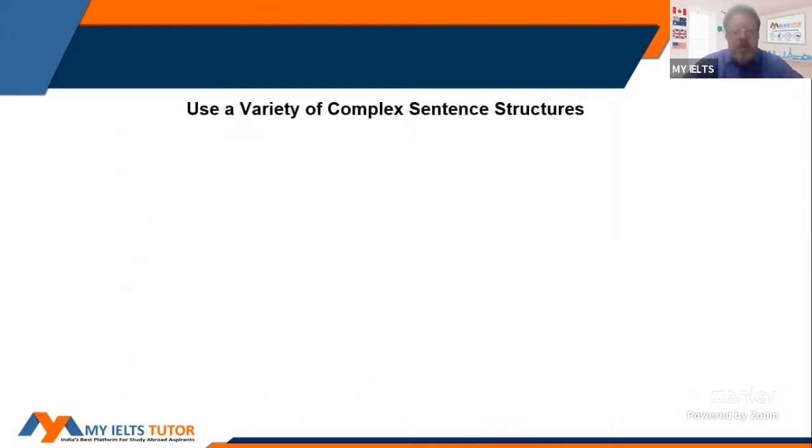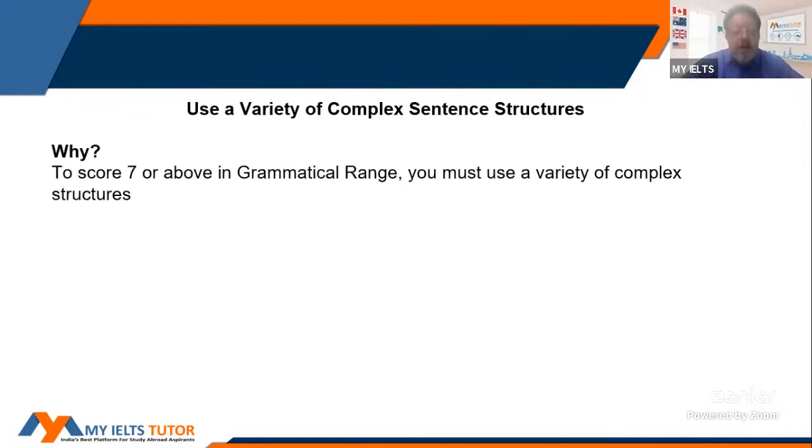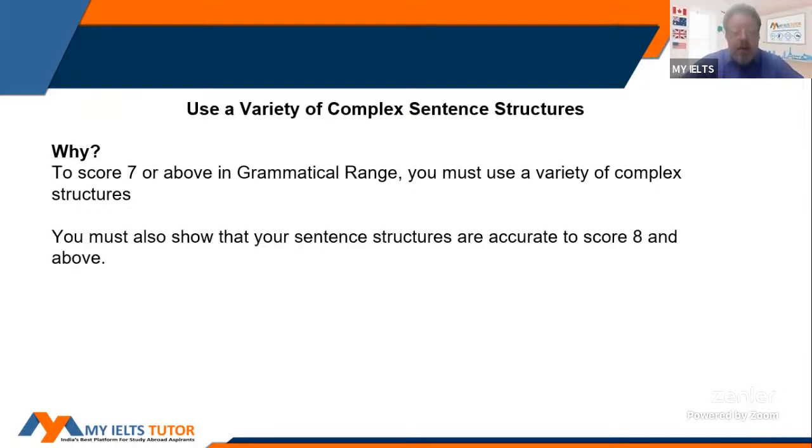Now, use a variety of complex sentence structures. Why do you want to do this? Well, to score 7 or above in grammatical range, you must use a variety of complex sentence structures. You must also show that your sentence structures are accurate to score 8 and above. So you really need to work on sentence structures.